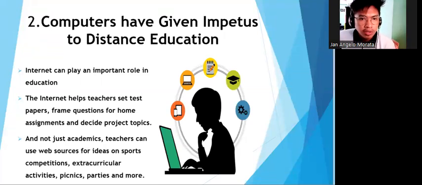And next one, the internet helps teachers set test papers, frame questions for home assignments, and decide project topics. So because teachers can have some educational materials in the internet bilang reference sa pagtuturo. Okay?